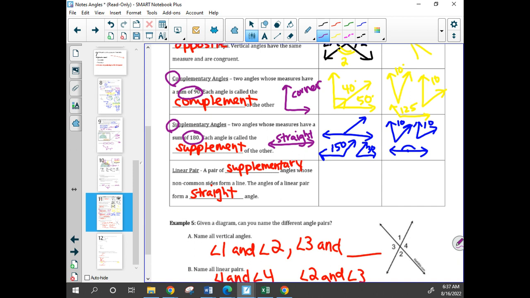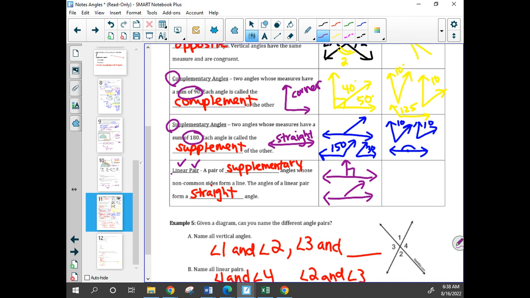The last one on this page is linear pair. This one is picky for good reason. It's a line made up by a pair of angles. So if you have a line made up by a pair of angles, they have to be touching. If it's not touching, here I'll make these 90, this is an acute and obtuse.